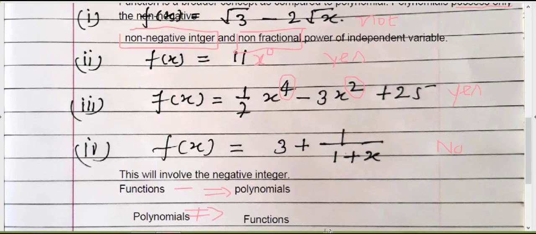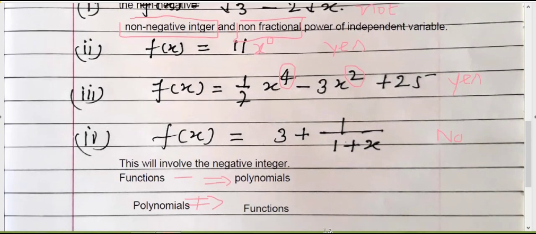These are called polynomial functions. Therefore, the name is polynomial functions.